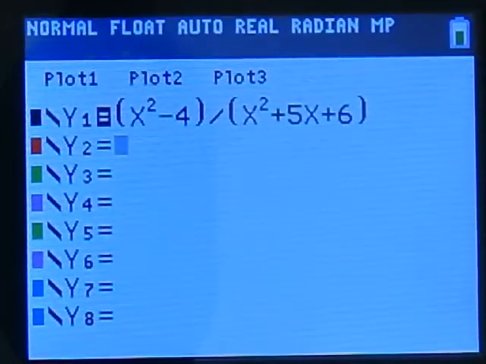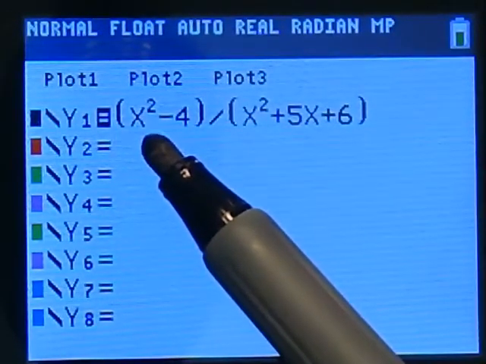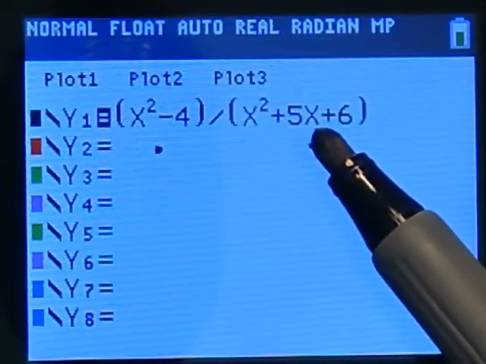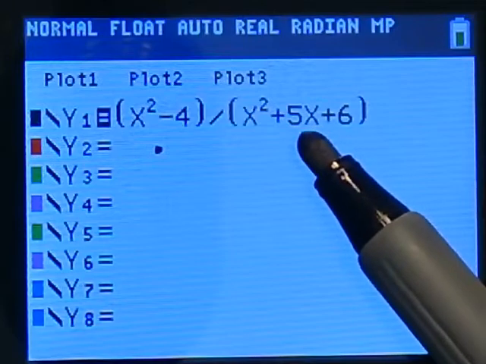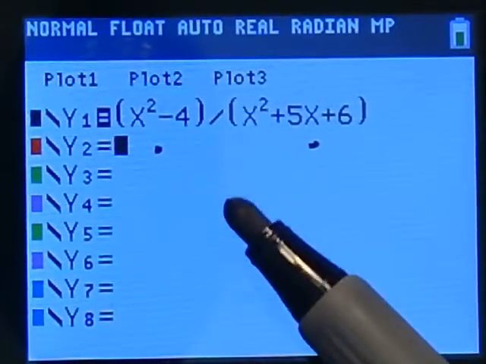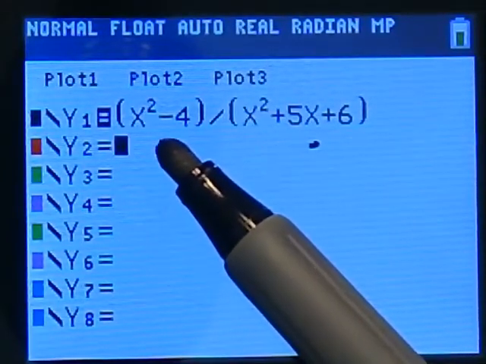And you can see that I've put the numerator in parentheses and I put the denominator in parentheses. This is vitally important because in any fraction, the fraction bar acts like a parentheses.